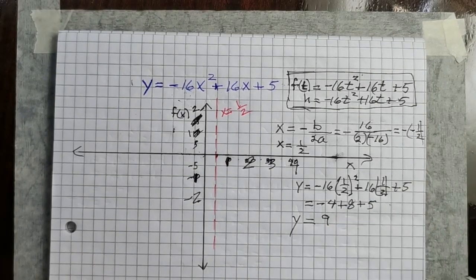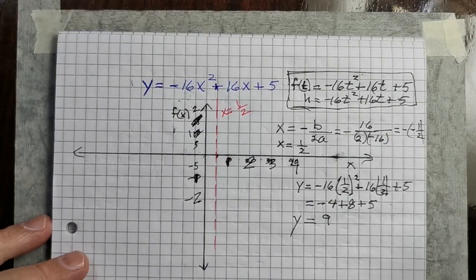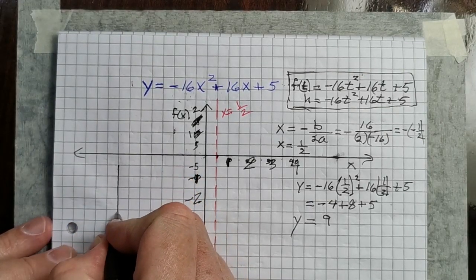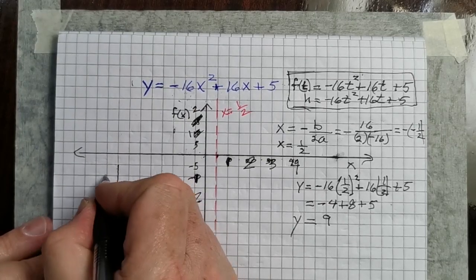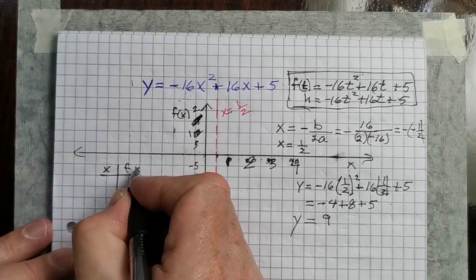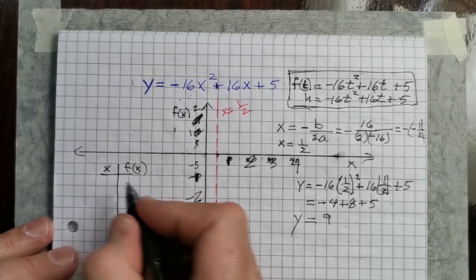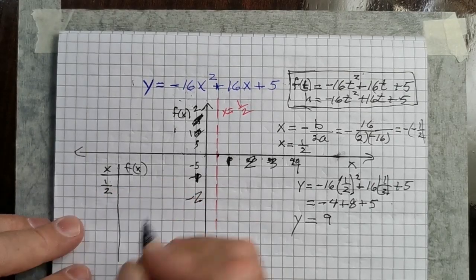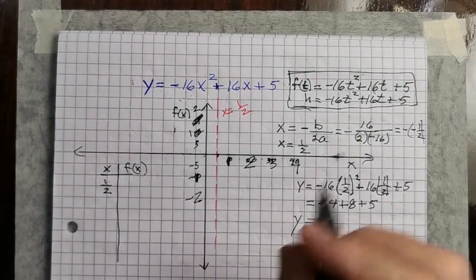Okay, y equals 9. So somewhere I need to start making myself a little chart for my graph. When I put in x and I get out f of x, let's keep track of these. When x equals a half, I chose that half specifically, and I think you'll see why in a moment.